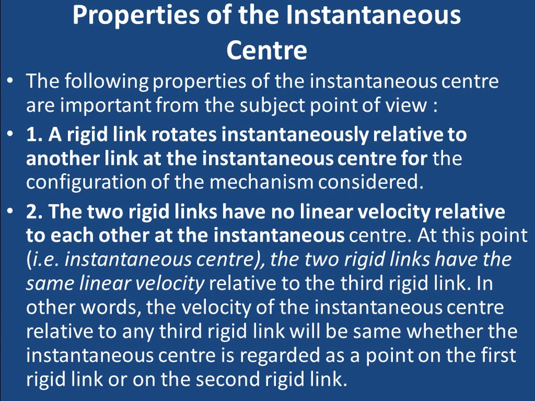At this point, the two rigid links have the same linear velocity relative to the third rigid link. In other words, the velocity of the instantaneous center relative to any third rigid link will be the same whether the instantaneous center is regarded as a point on the first rigid link or on the second rigid link.